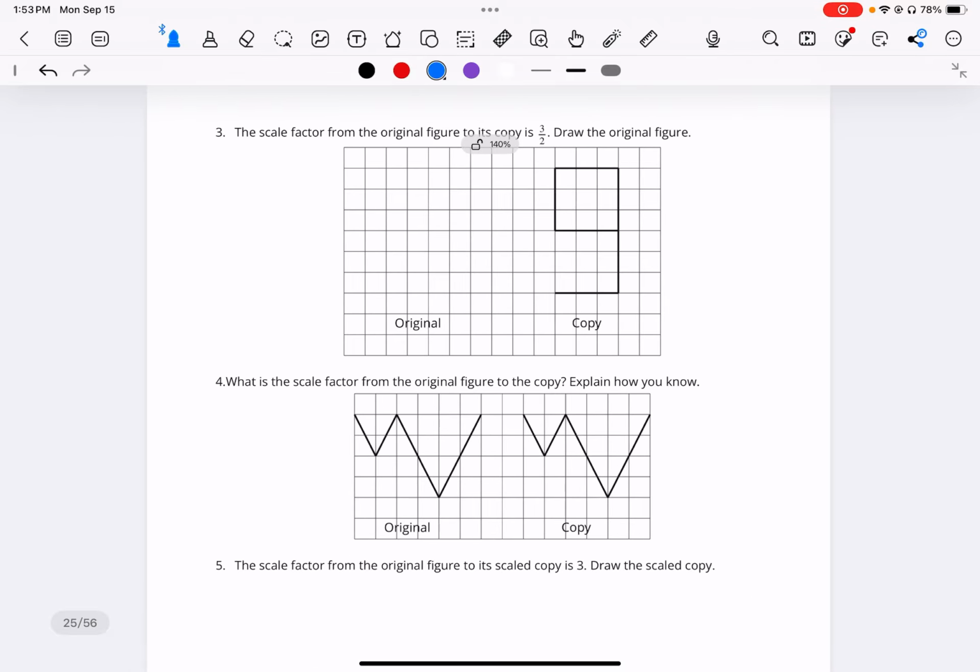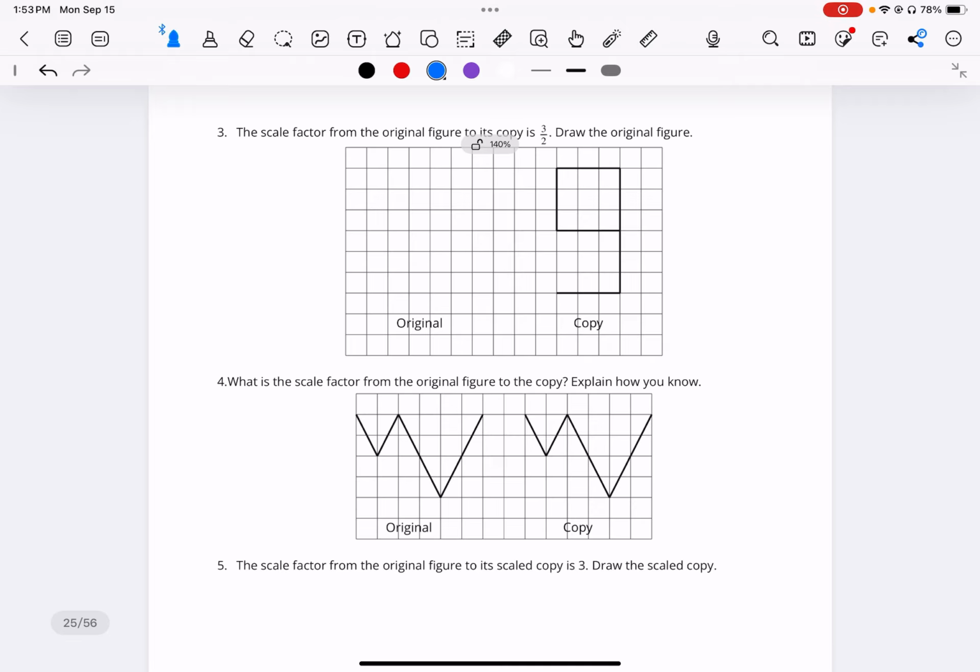Here, the scale factor from the original to its copy is 3/2. So now since we want to go backwards, we're going to use the reciprocal, which is 2/3. So if I count the dimensions, this is 6, and then everything else is 3. So 6 times 2/3 gives us 12 over 3, which is equal to 4.